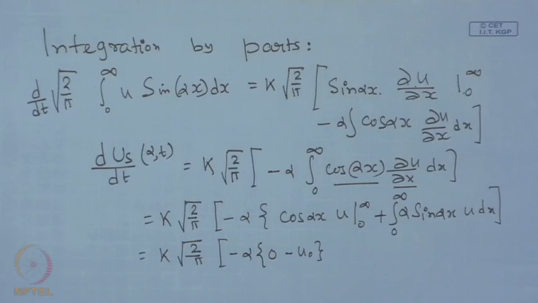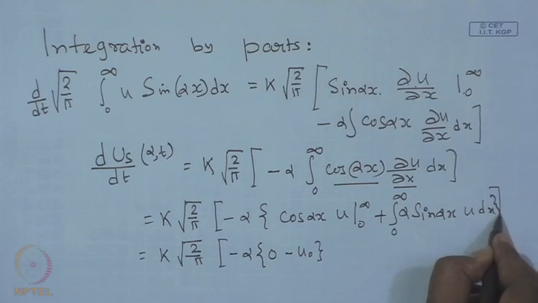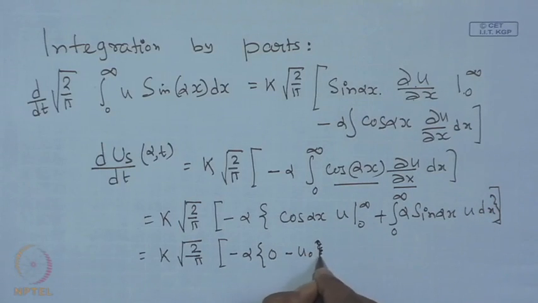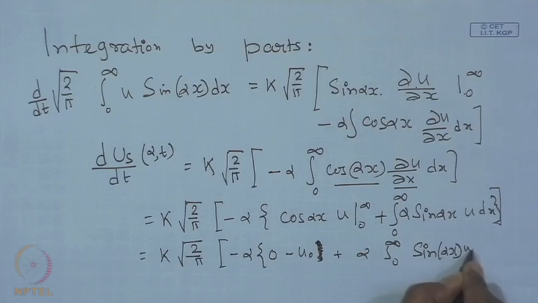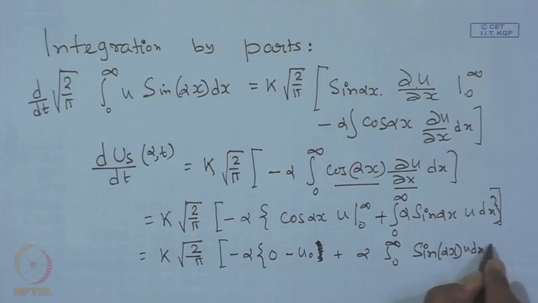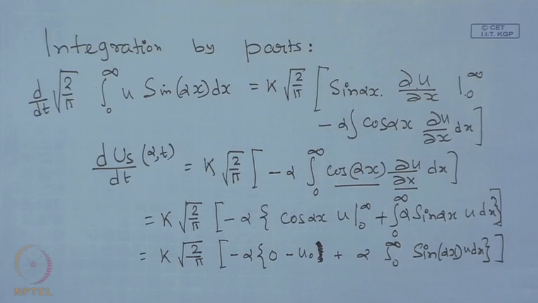So, we have this. The second bracket ends here, plus alpha integration 0 to infinity sine alpha x u dx, then the third bracket. So, let us see what we get.